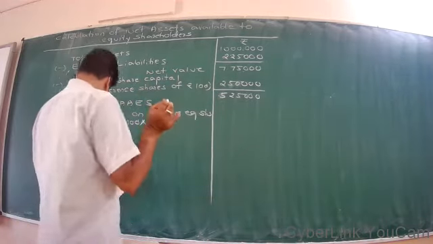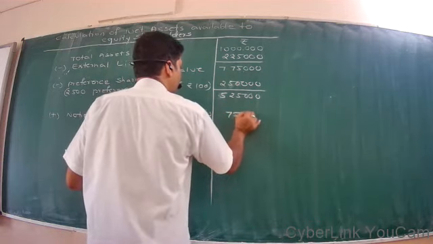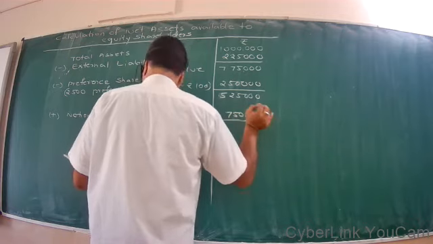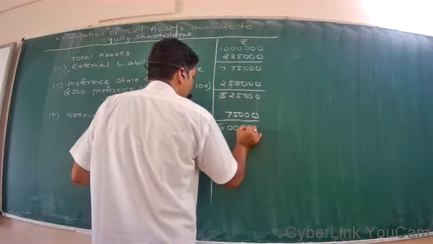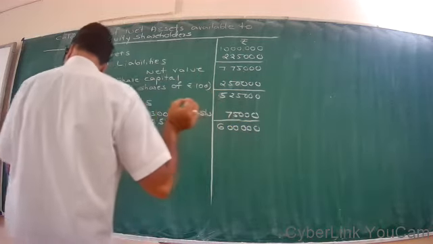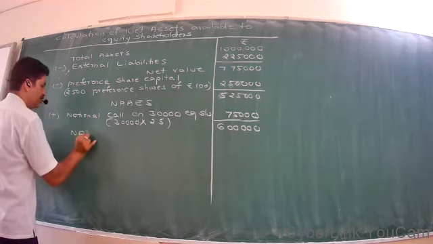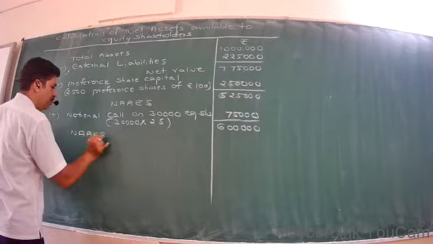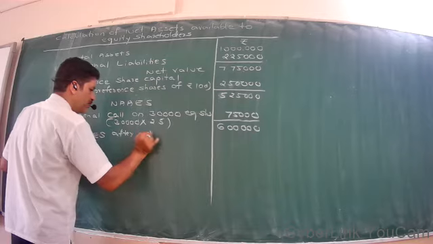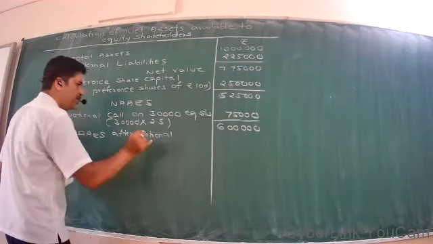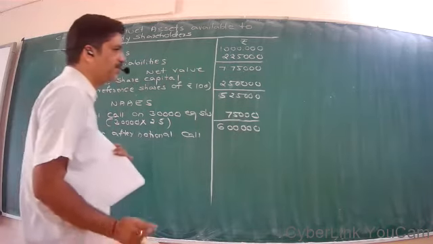So 30,000 into 2.5 is 75,000. Now you total up. The final net assets available to equity shareholders after notional call is 6 lakh.